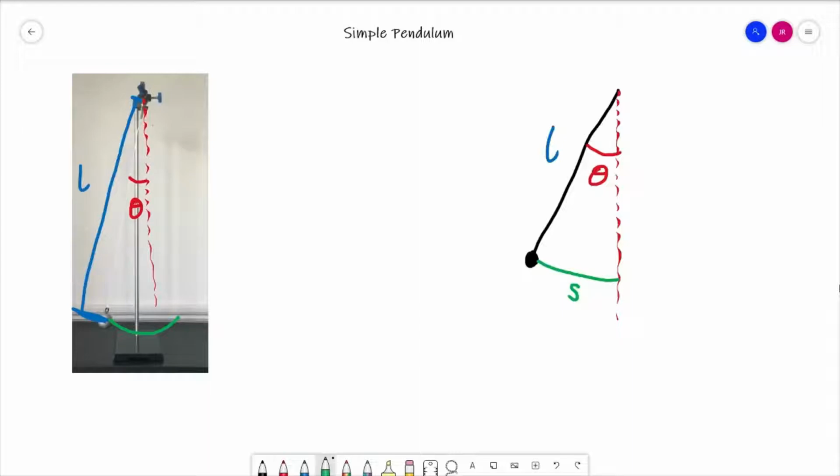Firstly, we can take, very simply, the arc length.